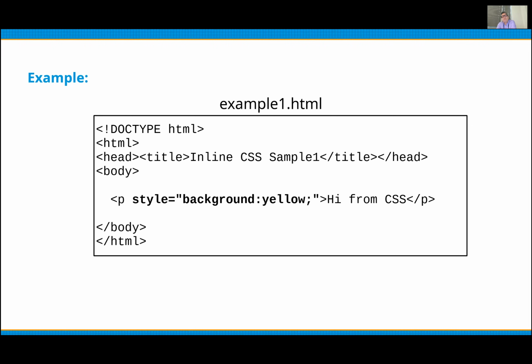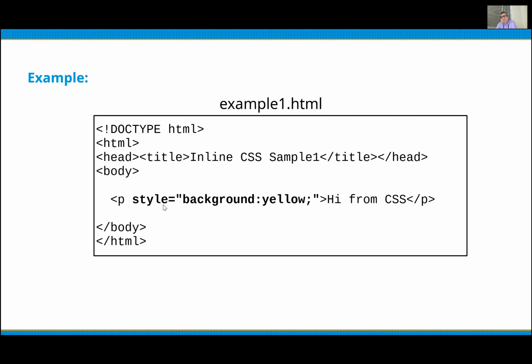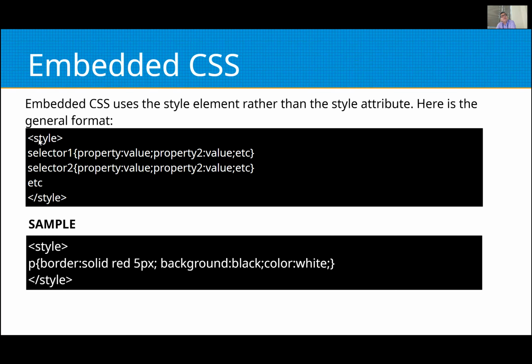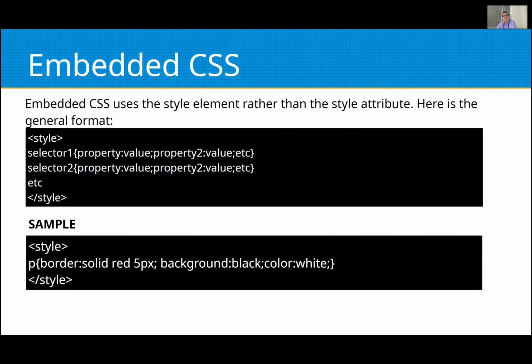Embedded CSS will no longer use the style attribute. We will actually use the element. So we're now using the style element. Notice that we have the style element. That makes it embedded whenever you use the style element. So inline uses the style attribute and the embedded uses the style element.